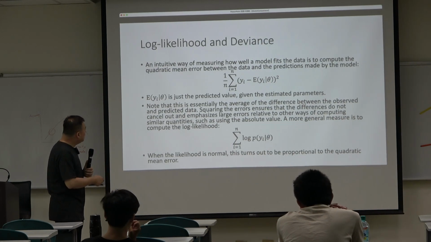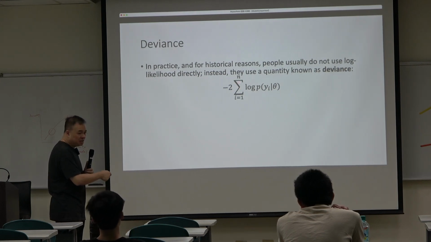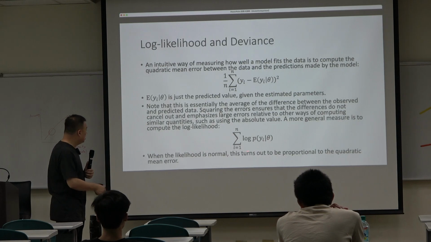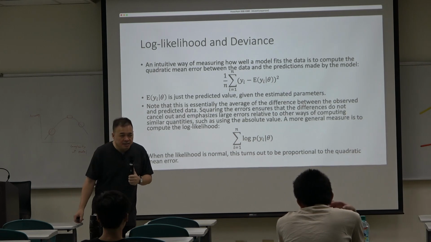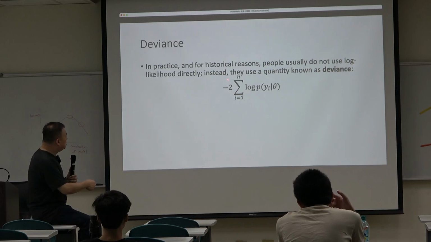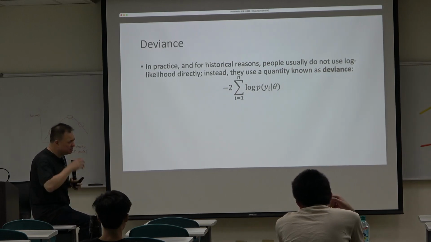Previously, this one followed the same error, so the smaller the better. But now, because we have negative 2 attached to it, we multiply this by negative 2, so the larger the better.